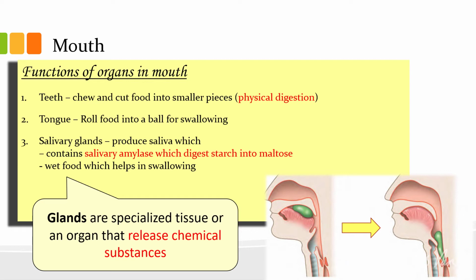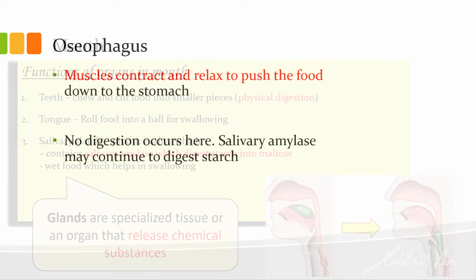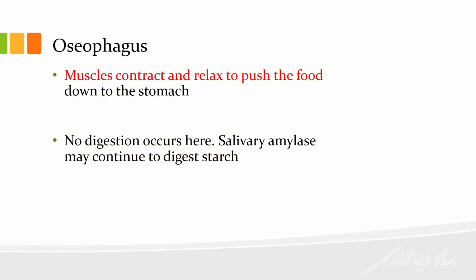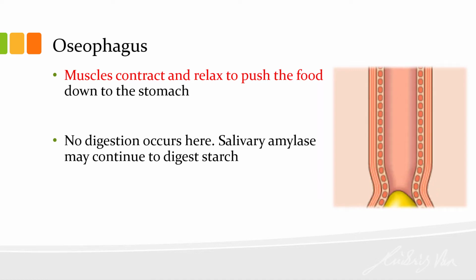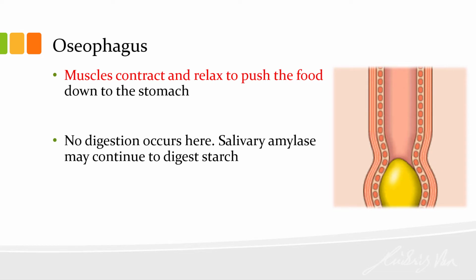So copy all of this down and we will move on to the esophagus. The muscles contract and relax to push the food down towards the stomach. No digestion will occur in the esophagus besides the salivary amylase that is present in the food, and it will continue to digest the starch.